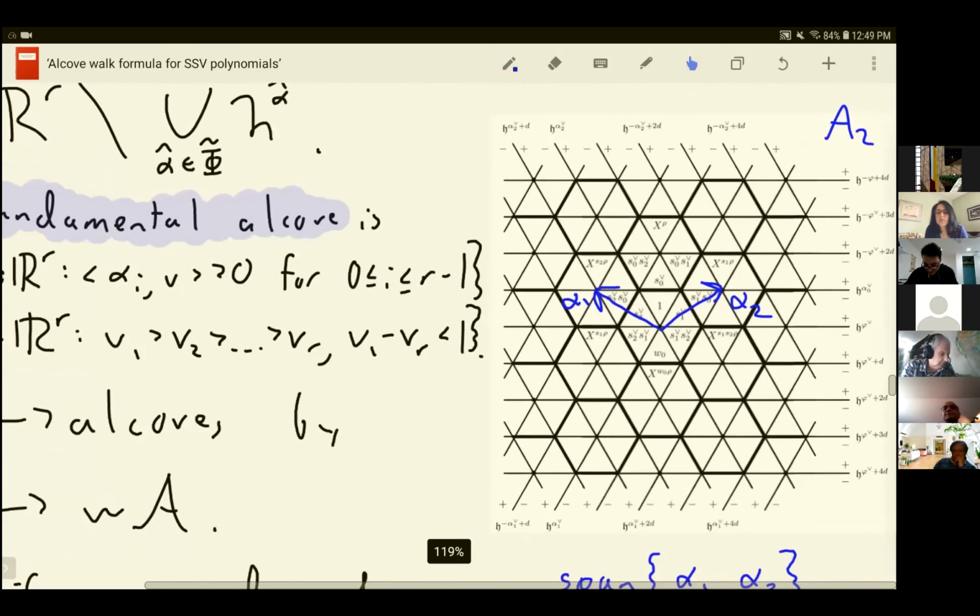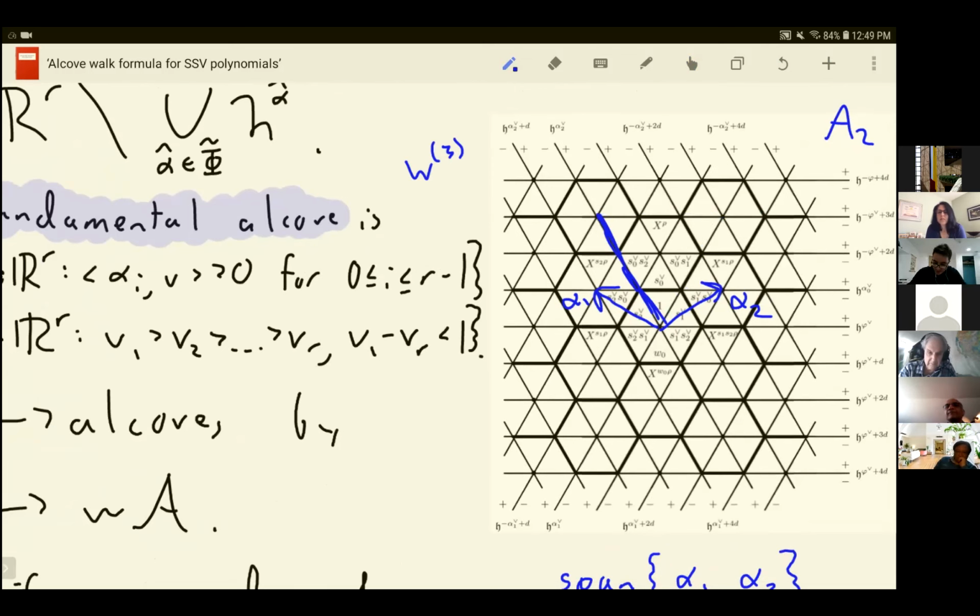Probably a little disorienting. And just to emphasize what Siddharth was saying before about the n-extended Weyl group, let's say we were looking at W3, the alcoves would actually be like this instead. This would be the fundamental alcove. So that's what happens when we increase n: our fundamental alcove gets bigger.